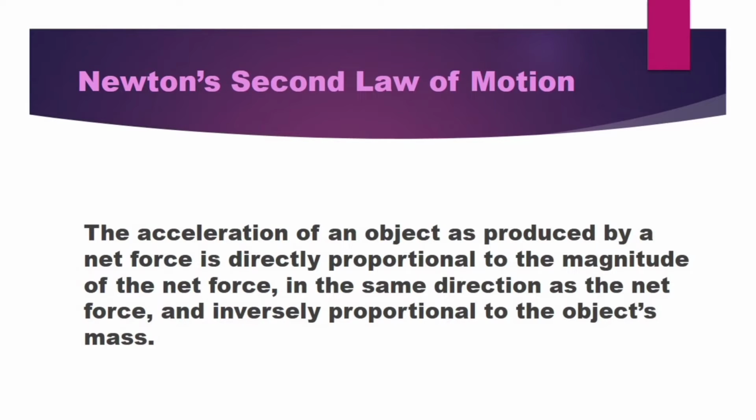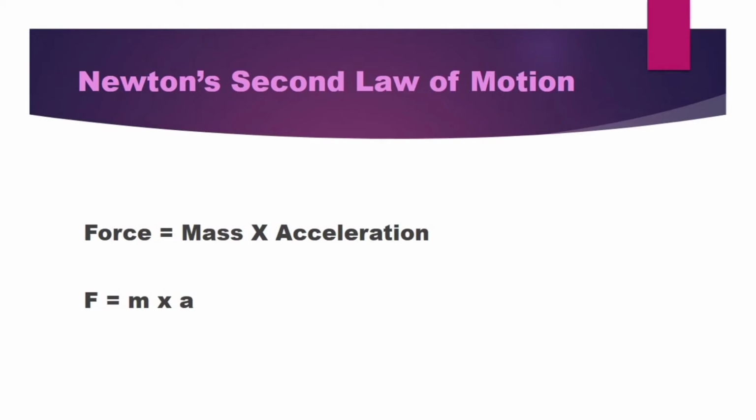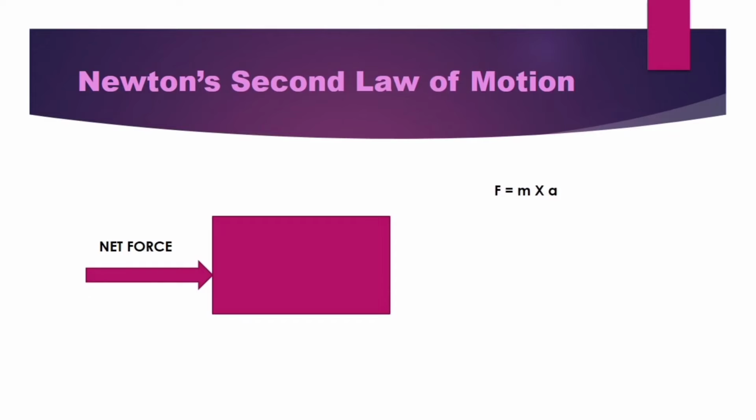Newton's second law of motion states that the acceleration of an object produced by a net force is directly proportional to the magnitude of the net force, in the same direction as the net force, and inversely proportional to the object's mass. So, force is equal to mass multiplied by acceleration. If a net force is applied to an object, we are going to have net acceleration in the direction of the force.